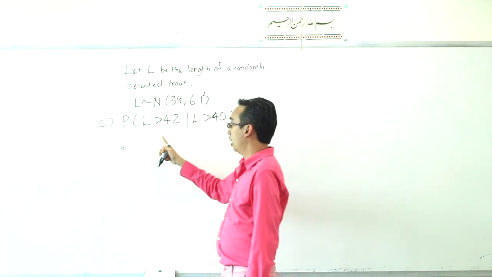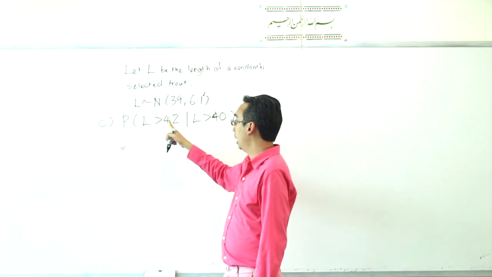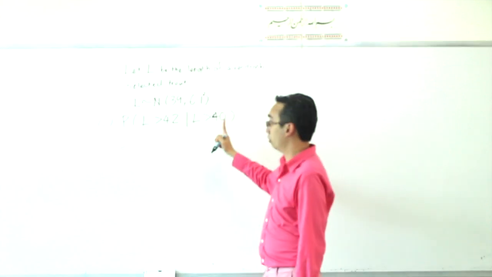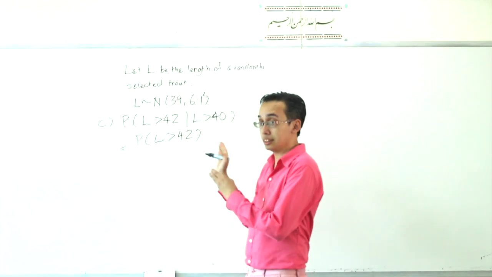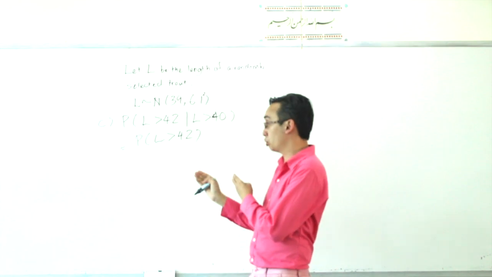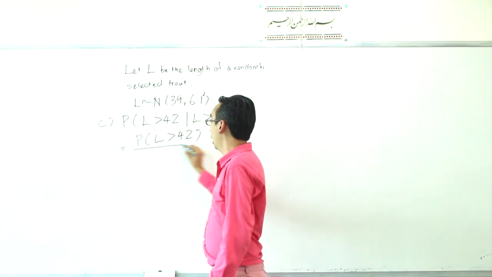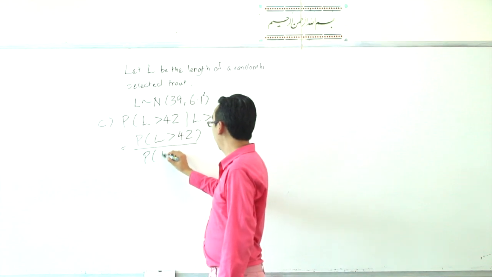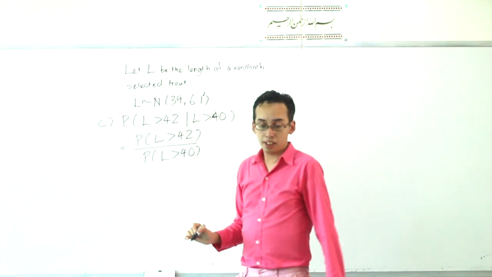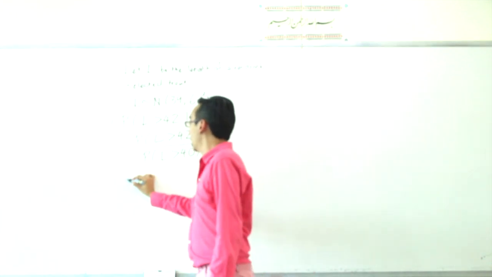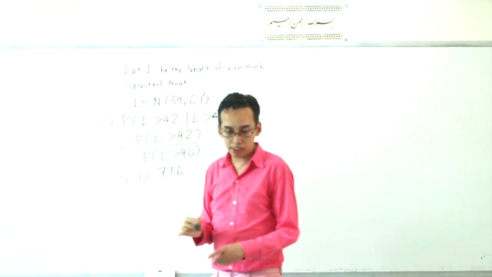By conditional probability, the numerator is the probability L more than 42 intersect L more than 40. The number line will tell us that it is actually the probability L more than 42, because we want the intersection. More than 40, more than 42, we choose more than 42 as the intersection. The bottom part, the sample space, is now reduced to the probability L is more than 40. Using your GDC, this is all more than, so you do 1 minus accordingly. You will get 0.716.